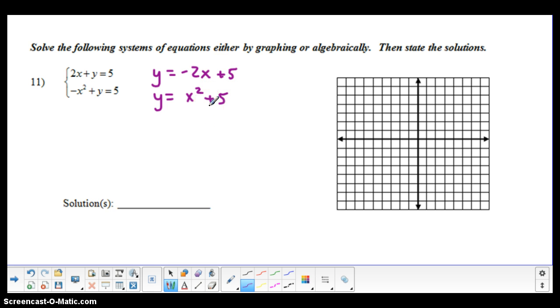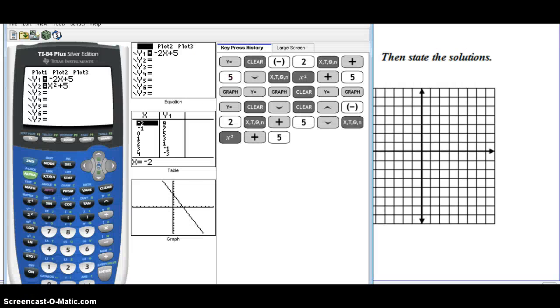And let's plug them into our calculator. You can't use your calculator unless they're both set equal to y. So our line and our parabola. And remember, this would be a line with the intercept of 5 with a negative 2 slope, and a parabola going up. Let's make sure it comes out the way we expect. There's our line, and there's our parabola.